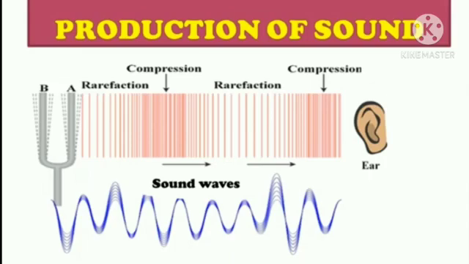These are nothing but sound waves, and when these waves reach our ear, the eardrum vibrates. Accordingly, specific signals reach the brain and we get a sense of hearing a sound. So, sound always travels in the form of waves.